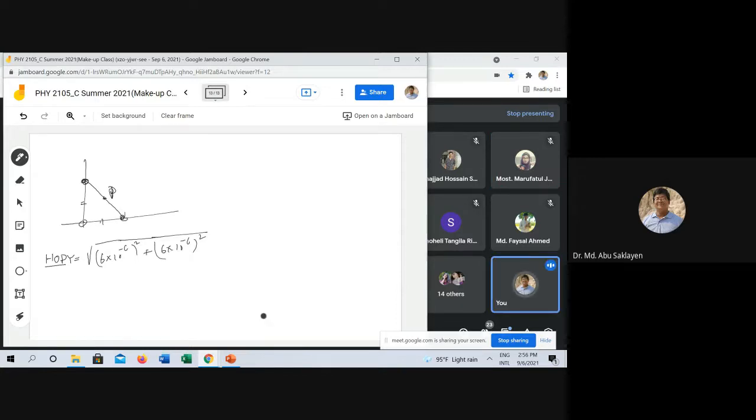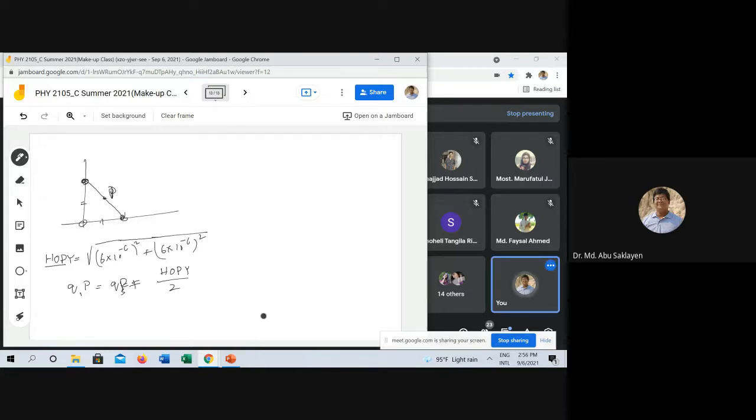So the distance between Q1P equal to Q3P equal to the hypotenuse divided by 2, right? Yes, sir.